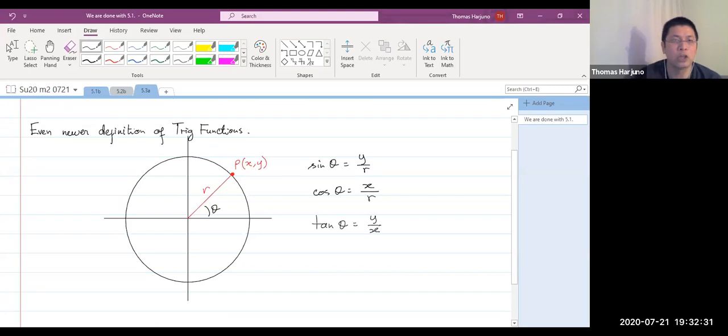Right, now that's what we learned before. This is in 5.2.